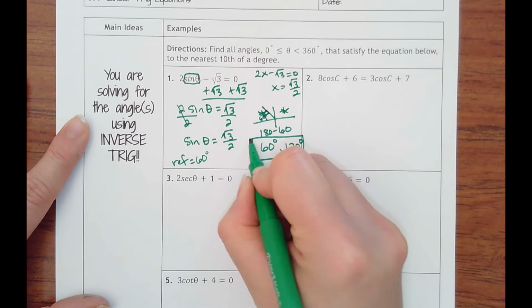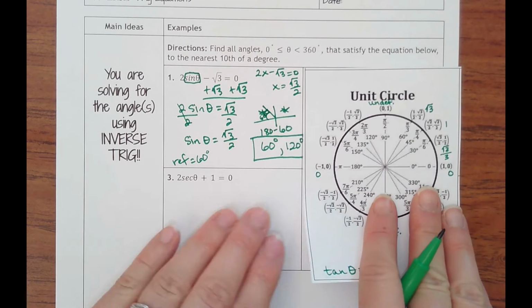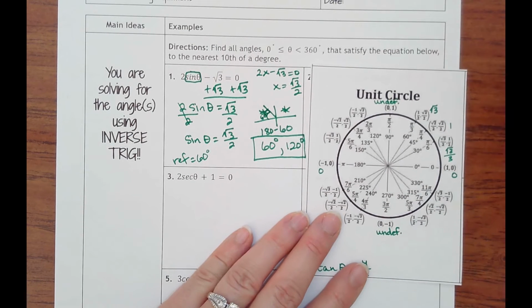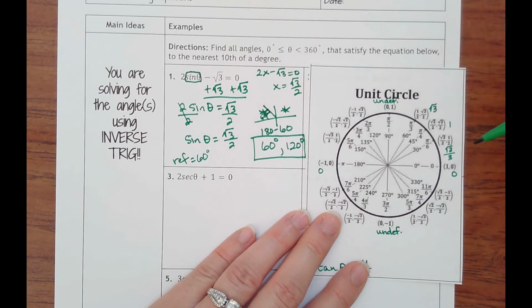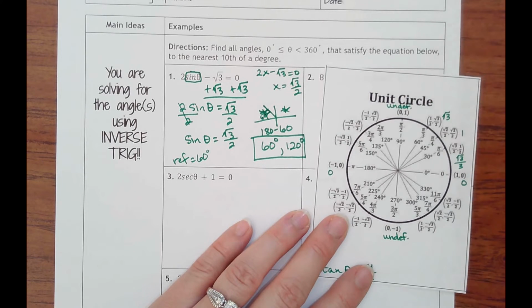So we're essentially doing what we already did, just with some solving equations mixed in. And I do have still my unit circle here with some tangent values written on here, but you can see that the y value is square root of 3 over 2 right here. It's positive, and right here at 120.